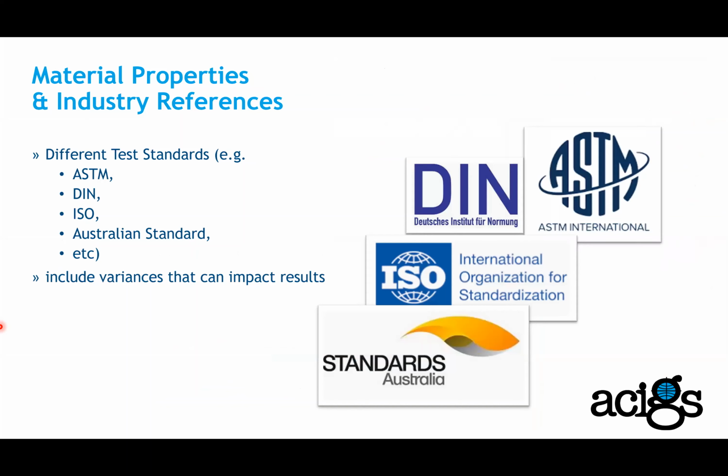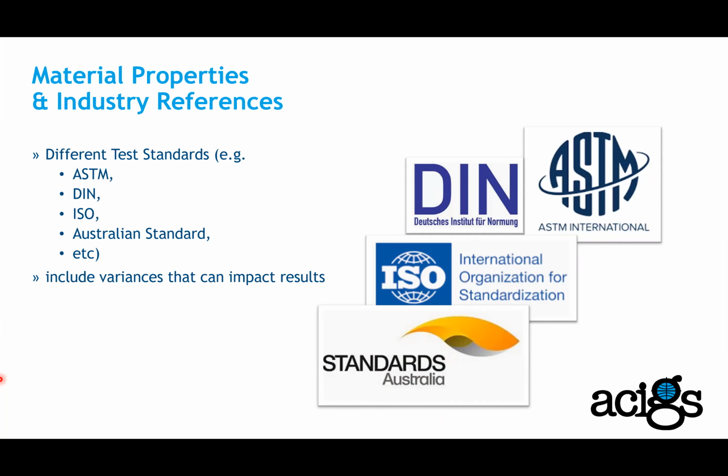From the test standards point of view, we also see differences between ASTM, the American standard, DIN, the German standard, ISO, the International Organization for Standardization, and Australian standards. These include variances that can impact the results.